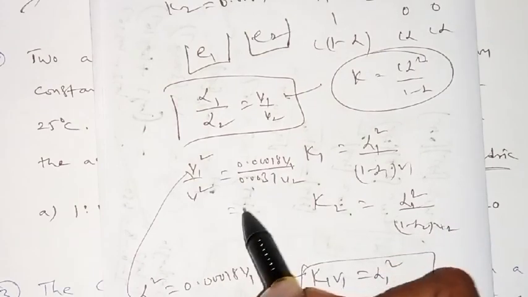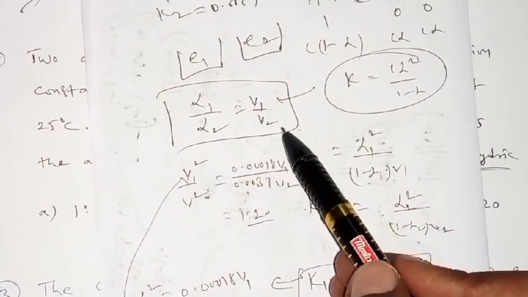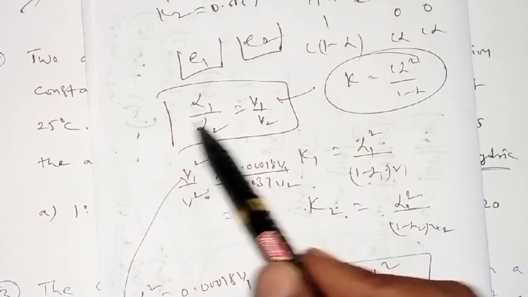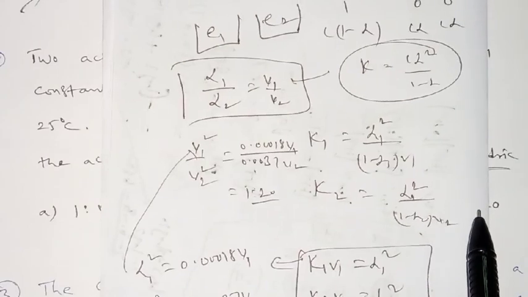Finally, if you simplify, you get the ratio 1:20. Because alpha 1 by alpha 2 equals V1 by V2, make square on both sides, then get V1 square by V2 square. Then the values of alpha 1 square and alpha 2 square we got from the dissociation constant concept. Observe here, you'll get the clarity.